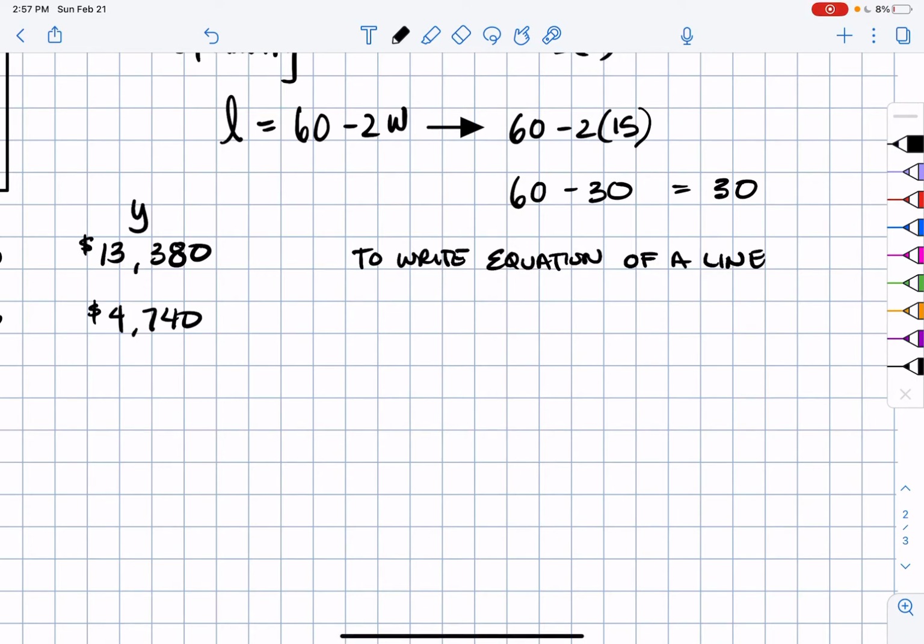I need 1, slope. 2, I need what? A point. Or the y-intercept, right? If it's y-intercept, it would be nice and easy.